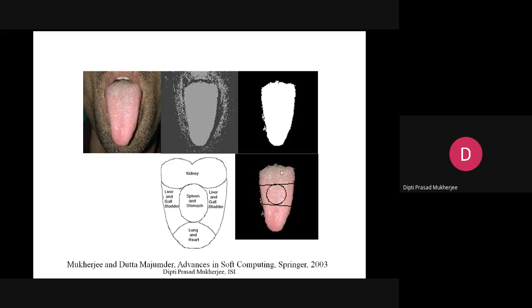Doctors are trained that if it is a pale yellow, if it is a light blue, if there are some shades on the tongue, then such and such disease. But it is difficult for us to come up with a mathematical number which represents what the doctors are actually thinking.